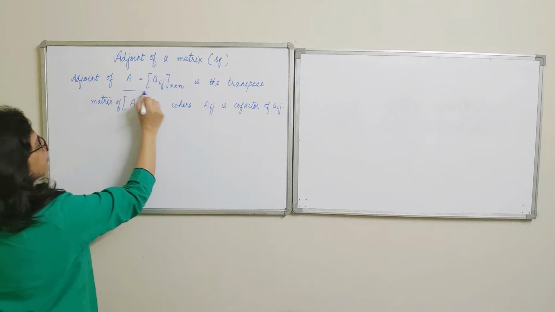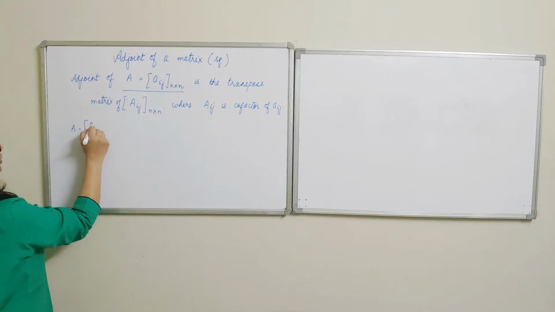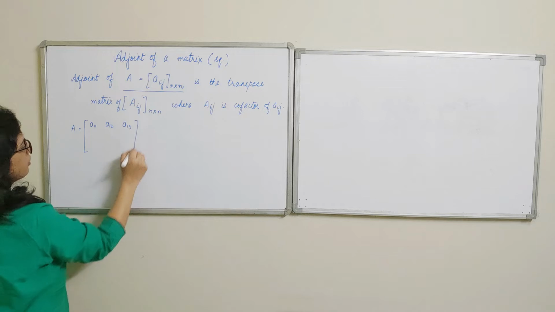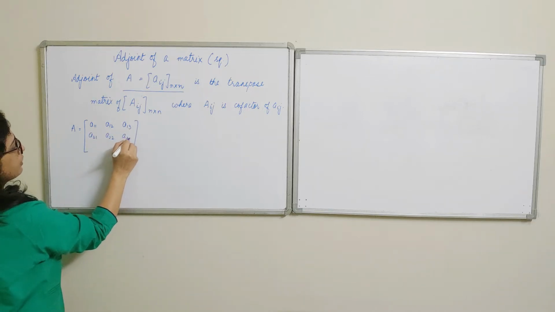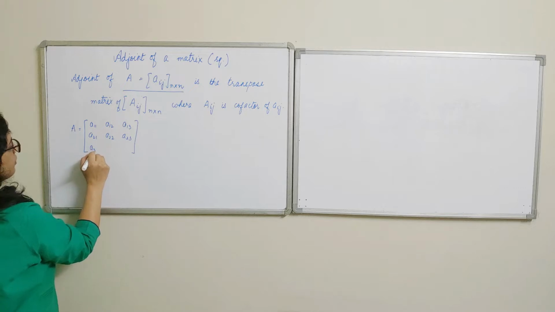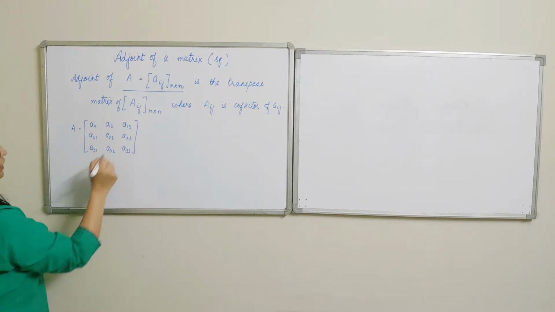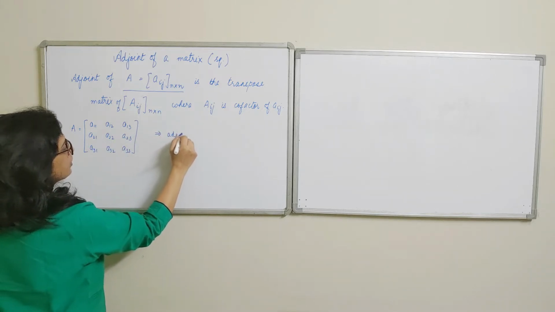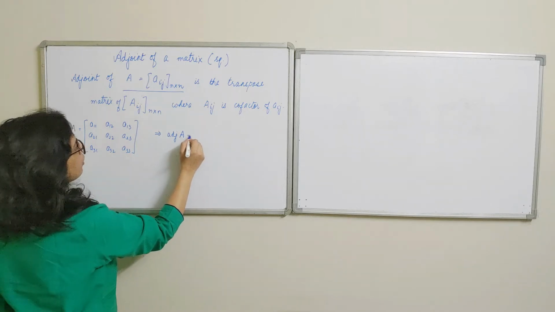So what we need first is a square matrix. So let the square matrix be of order 3, defined like this. I'm taking a generalized example. The second row elements and the third row elements. Okay, the adjoint of this matrix is written in short like this, read as adjoint of A. What is this?